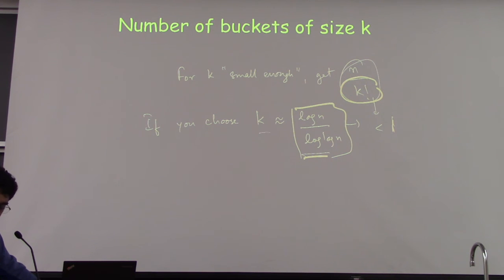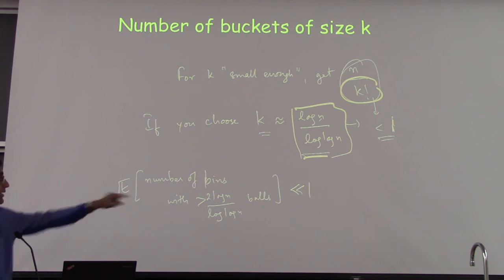So it turns out if you choose this, then the expected number is less than 1. Suppose we agree to this, and we say that k is this big. Then what are we saying? We are saying that the expected number of bins with more than, let's say, 2 log n by log n balls is actually much less than 1.